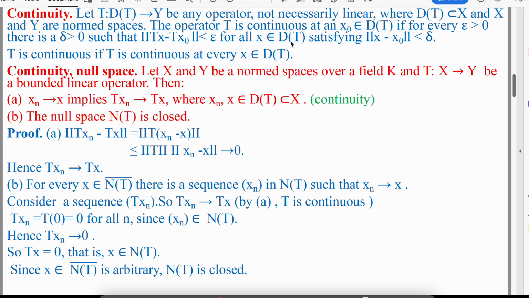Now we have one result which relates continuity and null space.